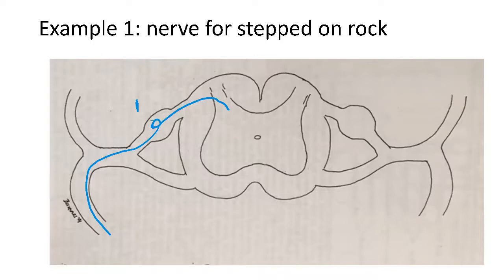The axon has to go through the dorsal root because it is sensory. Now, remember, the axon has to go all the way into the spinal cord, but the cell body stays in the dorsal root ganglion. And then because it's the foot, because you stepped on it, that was part of my criteria, it would go out the ventral primary ramus. And then I label it with the 1 to say that this is my example 1.